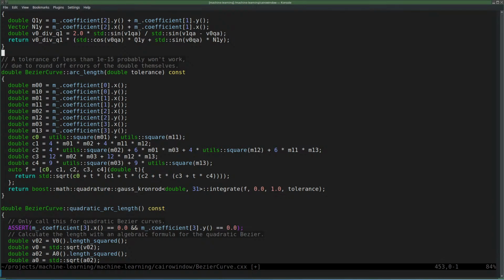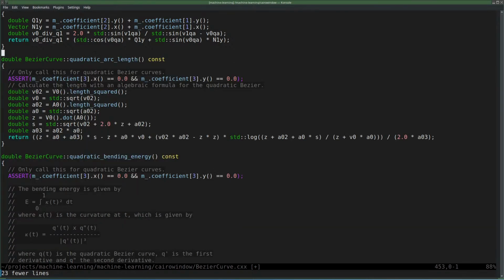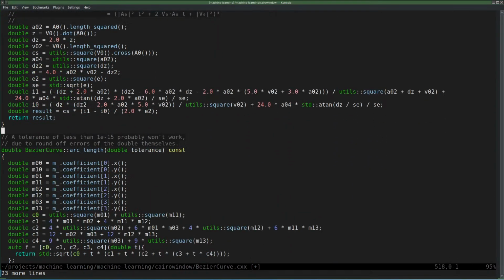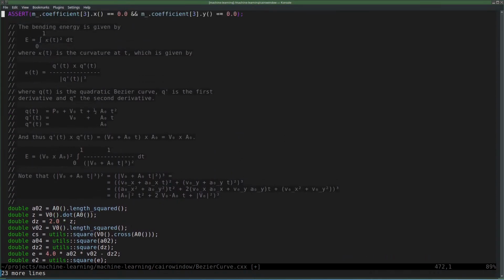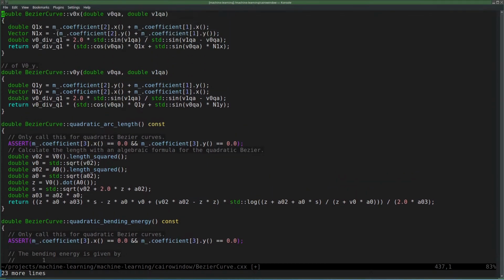I think I want to move this one out of the way now. So the arc length has v0x and v0y, both squared and added.